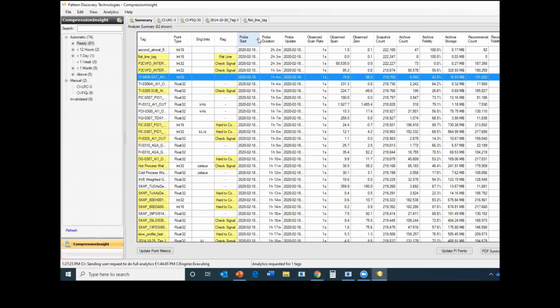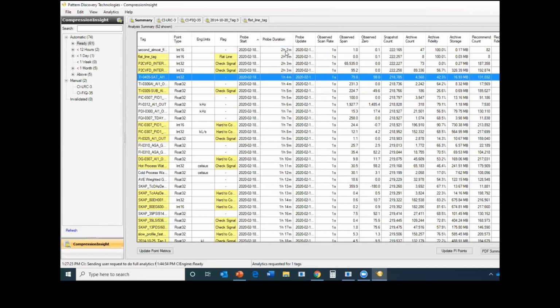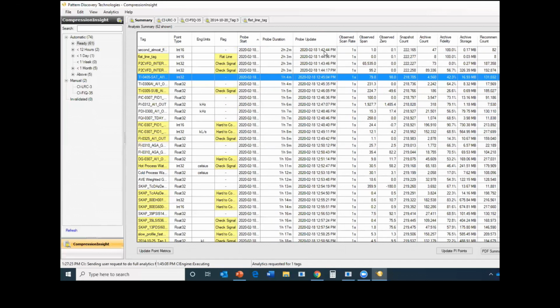The analysis engine started working at this probe start. It's been running for X amount of time, in this particular case 2 hours and 2 minutes or whatever. And the last time it was updated was, in this particular case, 1:42.